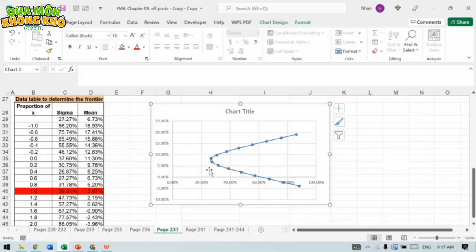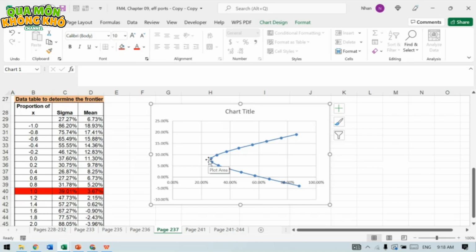Okay, the trick is quite easy. When you identify the curve and you identify the global minimum variance portfolio, just use a little bit less return than the minimum variance portfolio.